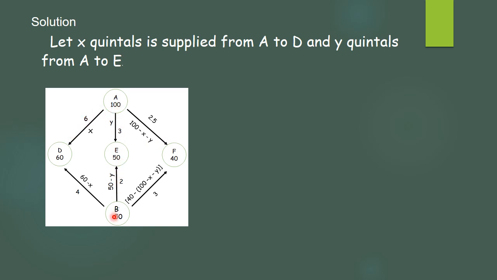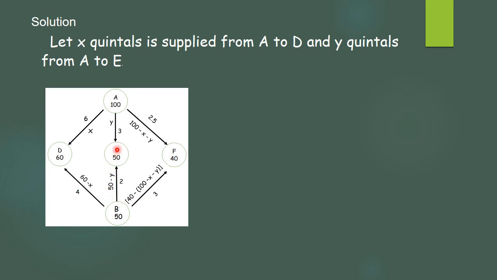Now from the godown B, the requirement of D was 60. Out of this 60, X quintal is supplied by A. So the remaining part, that is 60 minus X, should be supplied by B. So here we have written 60 minus X quantity is supplied by B to the shop D. These are the costs given in the table, that was 4, 2 and 3.